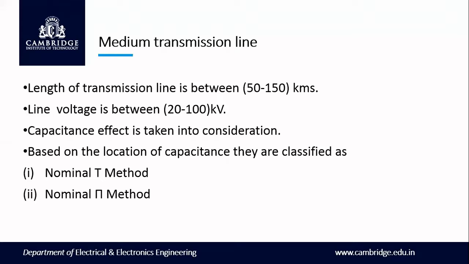In case of a medium transmission line, if the length of the transmission line is between 50 to 150 kilometers and the line voltage is between 20 to 100 kilovolts, then it is called a medium transmission line. Based on the capacitance location, they are classified into two types, nominal T and nominal pi method.